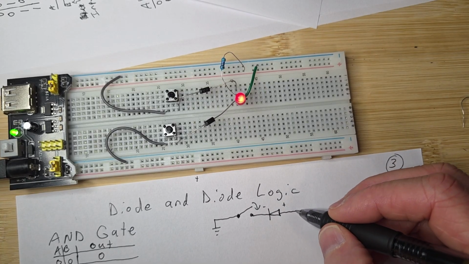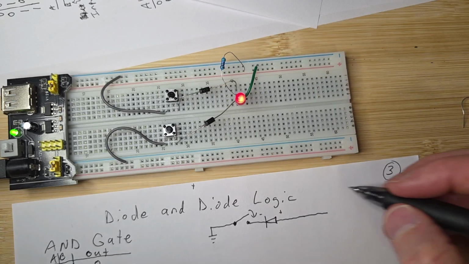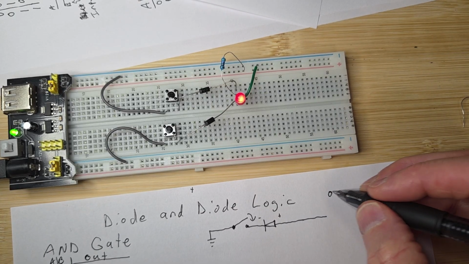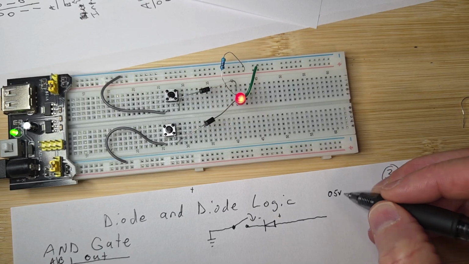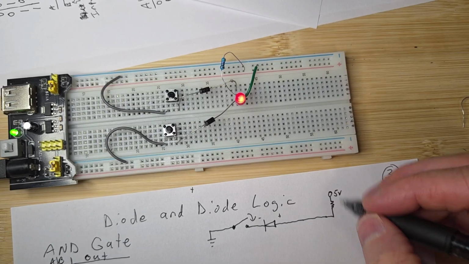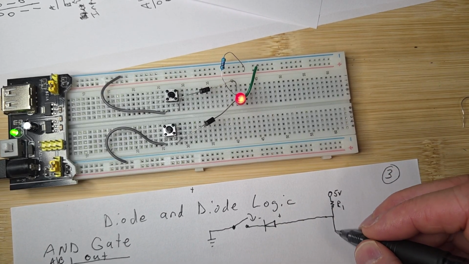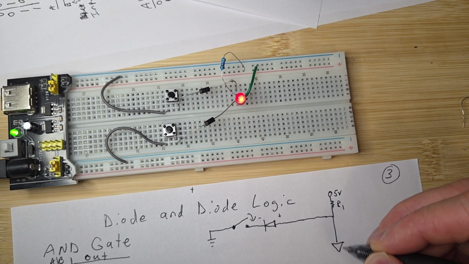And then here we have what they call a pull-up resistor. I'll draw it over here. We've got 5 volts, right? And this is just a pull-up resistor, R1. And then we have an LED.